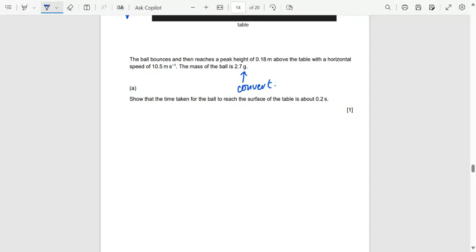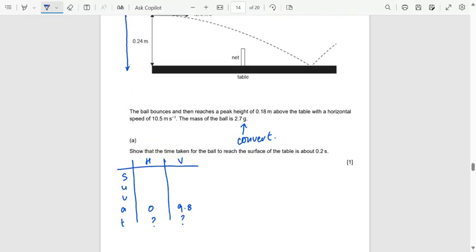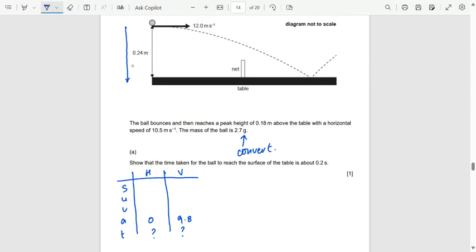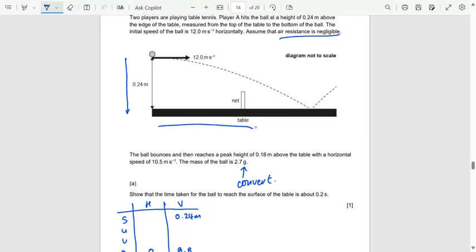So if I'm trying to find a time, I'm going to write SUVAT, my horizontal and my vertical. Let's see what we've got. I'm trying to find time. I know that acceleration horizontally is 0. Vertically it's 9.8. I know that the vertical distance it falls is 0.24 meters.